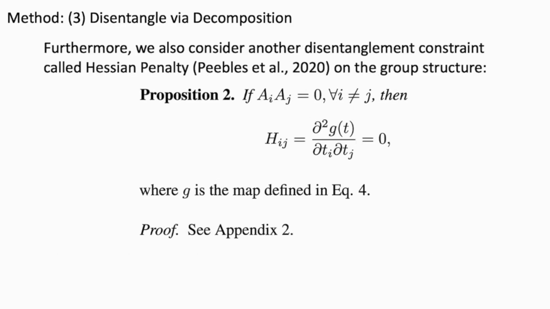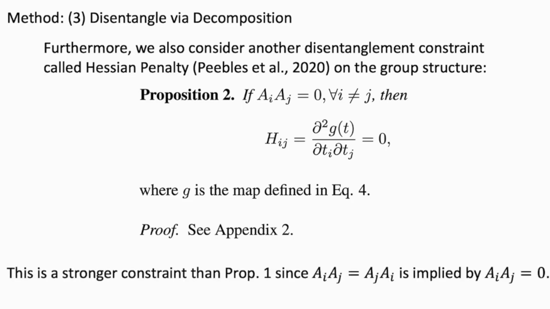Furthermore, we also consider a non-entanglement constraint called Hessian penalty on the group structure, which enforces the impact of a single subgroup in the representation to be independent from other subgroups. Note that this is a stronger constraint than the proposition 1, as the commutative property is implied by this constraint.